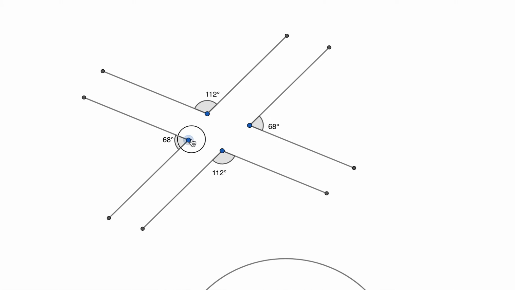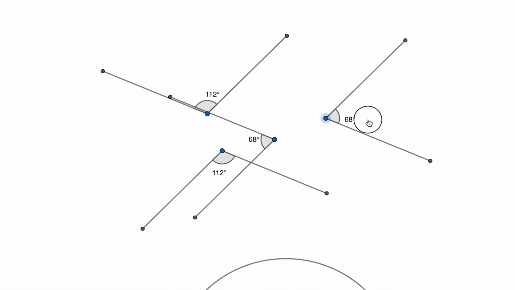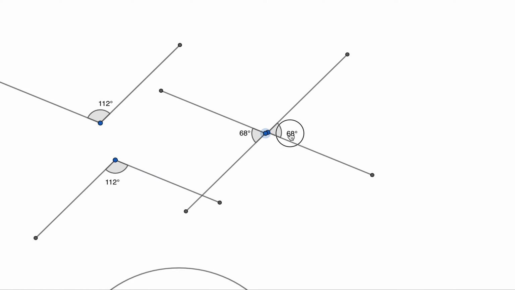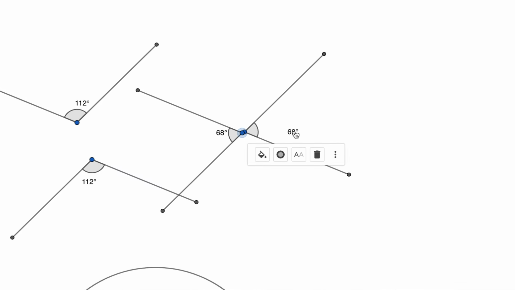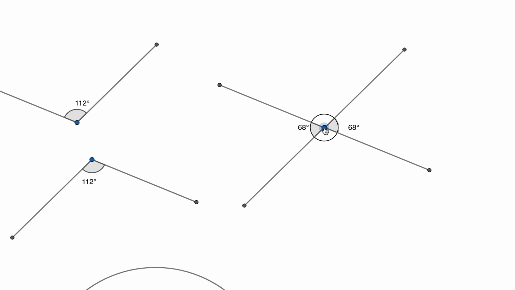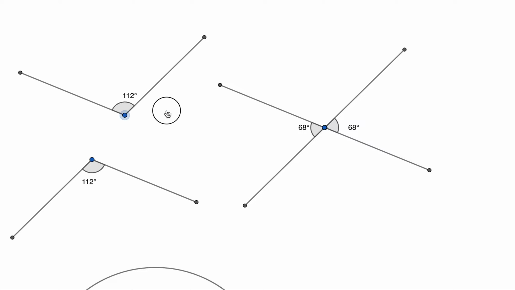One other thing. If we have opposite angles, two angles like this, these two 68 degree angles are here. Could we actually figure out what these other two angles are? Well, I show you here that they're going to be 112 and 112.